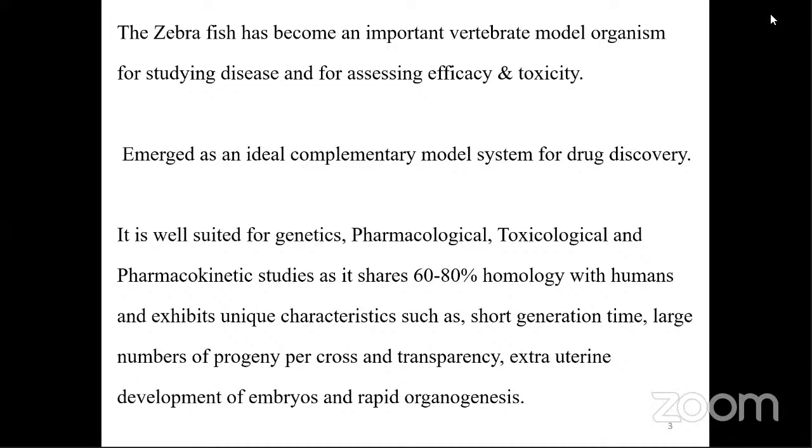It shares nearly 60 to 80% homology with humans and exhibits unique characteristics such as short generation time, large number of progeny per cross, transparency, extrauterine development of embryos, and rapid organogenesis.